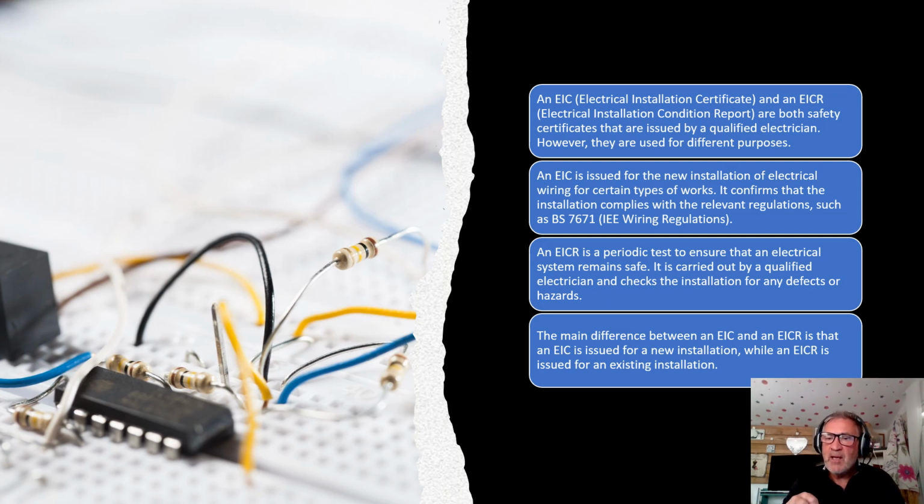Now that would be in addition to the production of an electrical installation certificate, not substituting for it. Although you're testing, as we've already said, they serve different purposes. They're two distinctly different certificates.